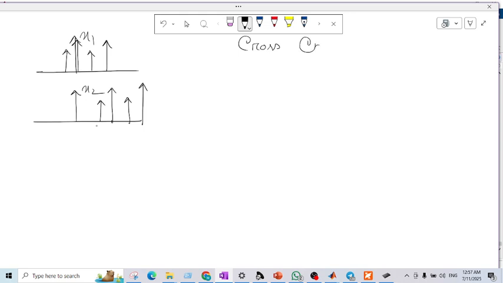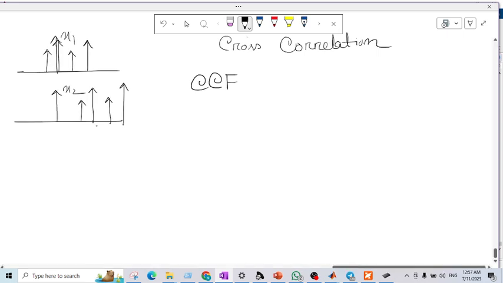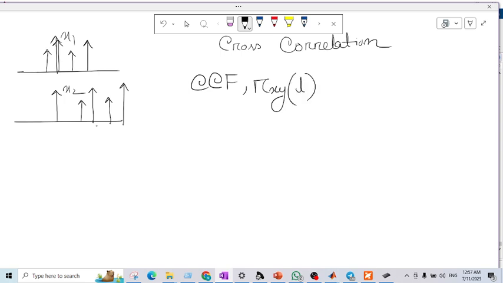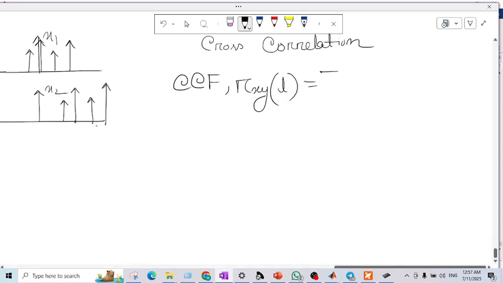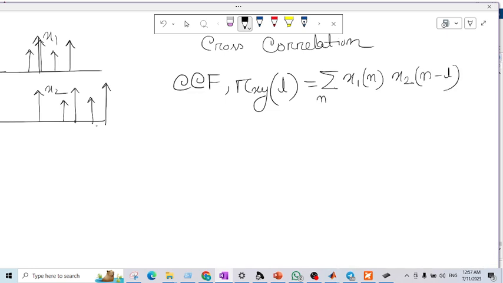My cross correlation function, CCF, is rxy. This defines the relation between x1 and x2, and it is a function of L. The formula is the sum of x1[n] x2[n minus L], where n is from minus infinity to plus infinity.